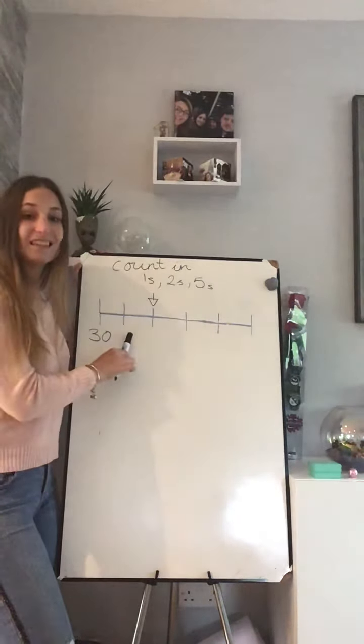55. Well done. What about the next one was counting in tens? What about if I start on, let's go to start on 10. What will be my number there? If I'm counting in tens. Get ready?